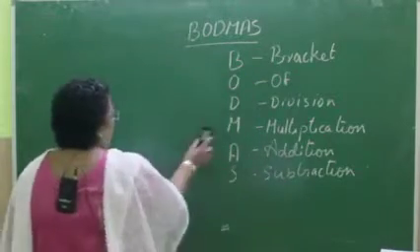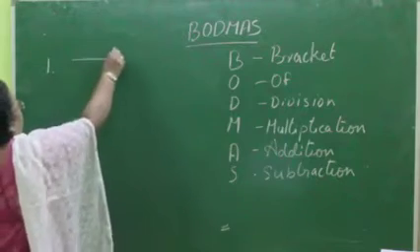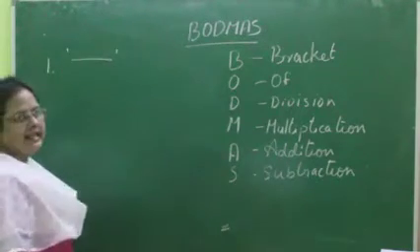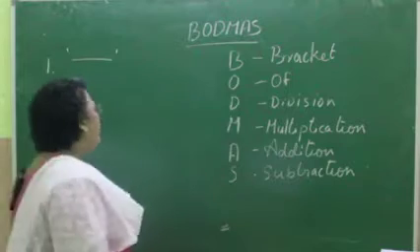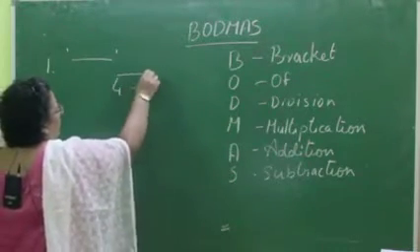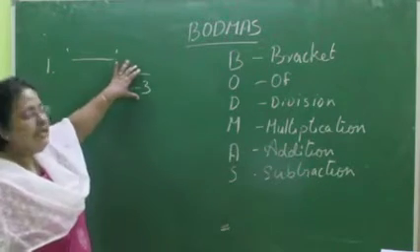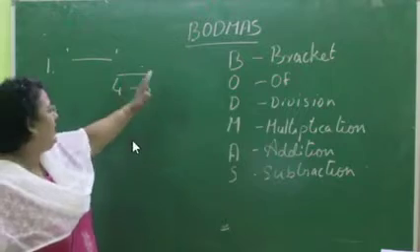Okay, so different types of bracket. The first one we will go for is the single line. When a number is written as 4 minus 3 with a line over it, that means it is a bracket. This 4 minus 3 is under a bracket or inside a bracket.